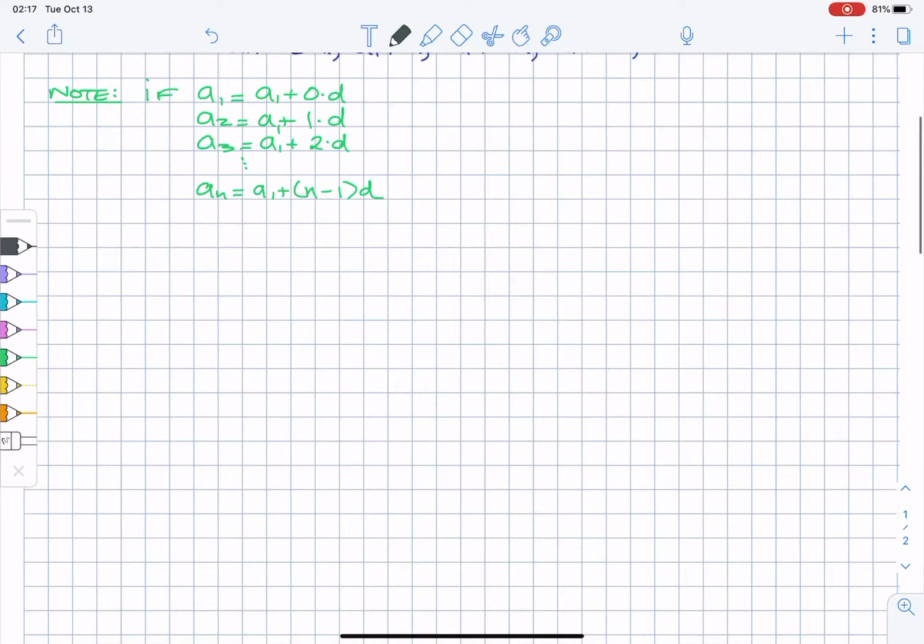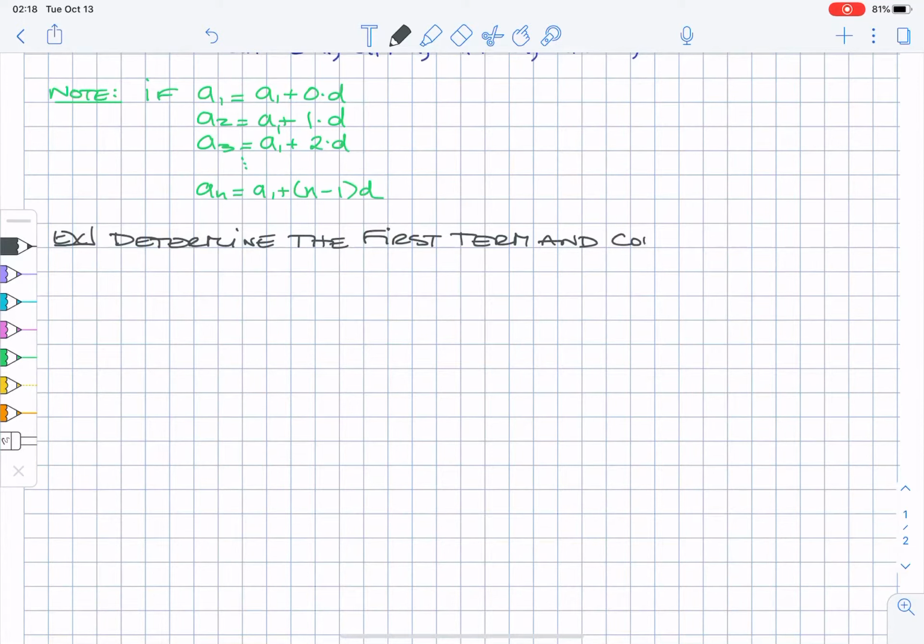Okay, so for example, determine the first term and common difference for the following arithmetic sequences.